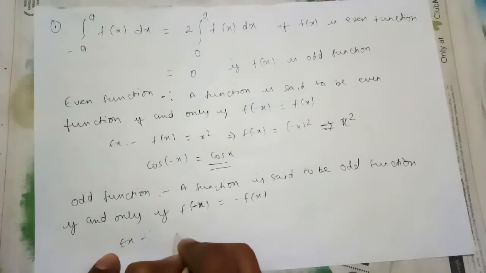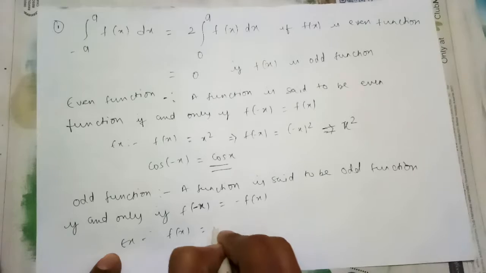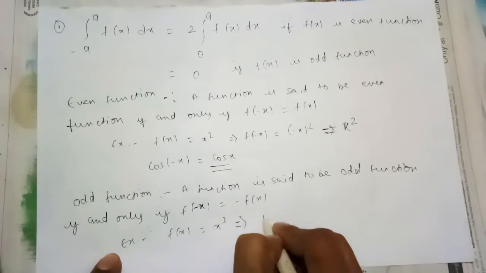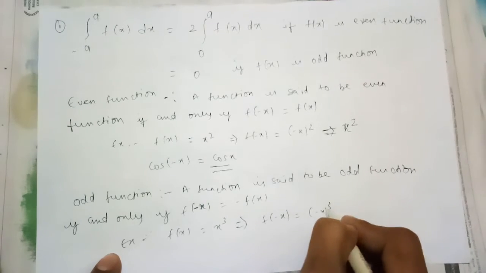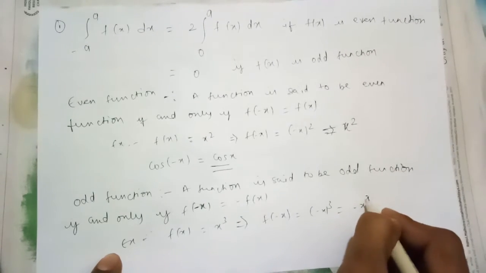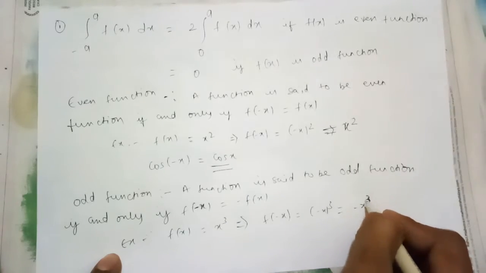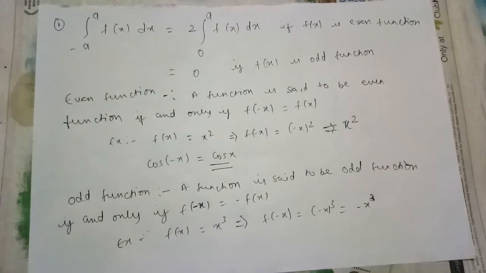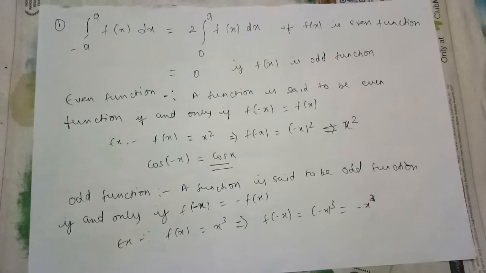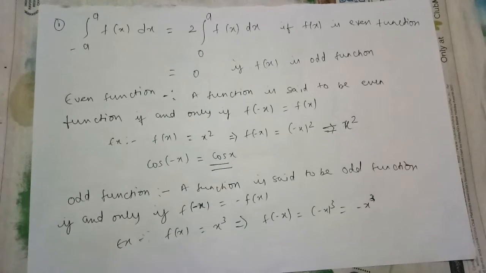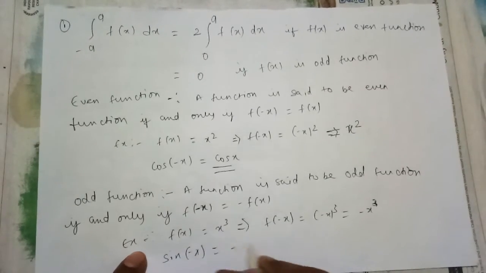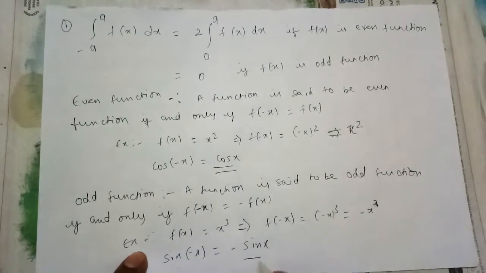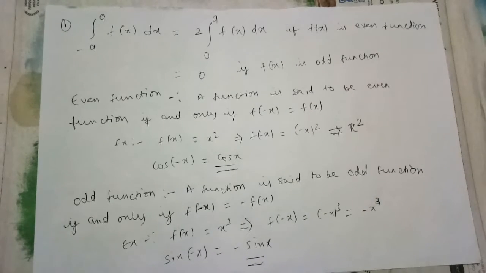Example, f(x) equal to x cube. When we put minus x, then minus x cube gives the value minus of x cube, right? So when we change the sign of the variable and get the opposite value, then that function is known as an odd function. Likewise, sine of minus x is equal to minus of sine x. So this function is said to be an odd function.